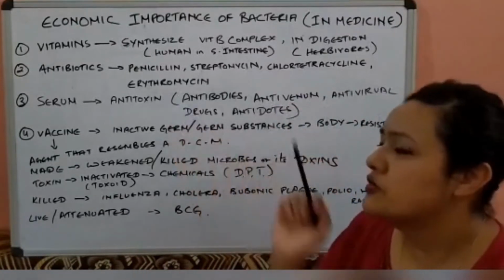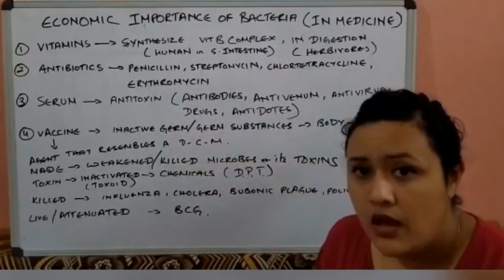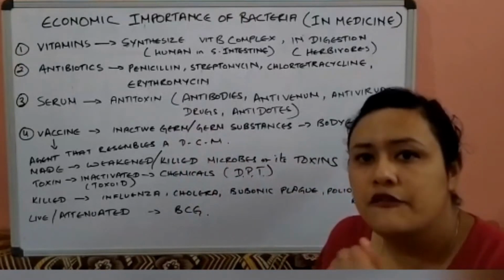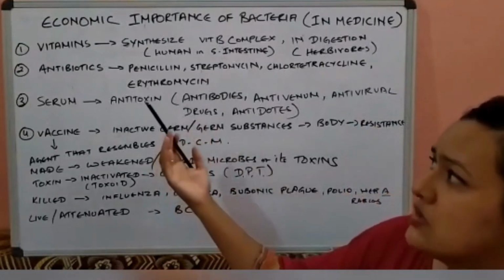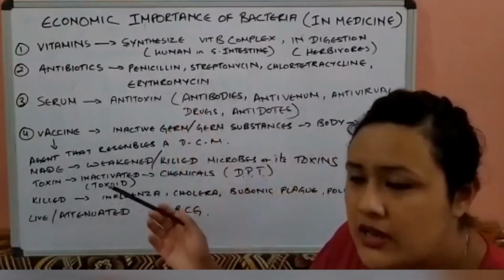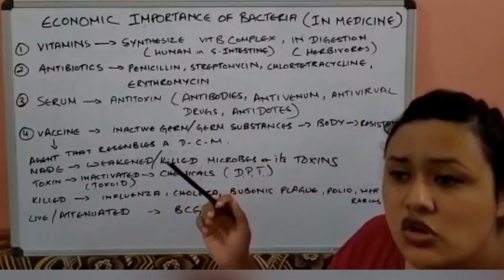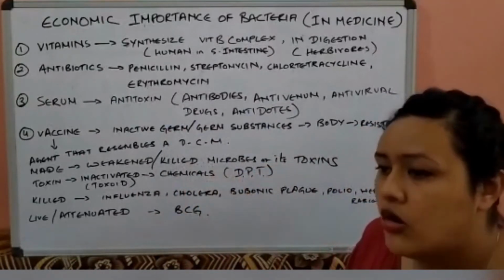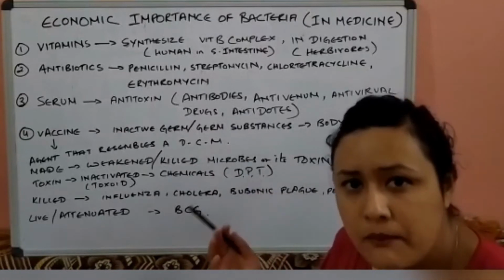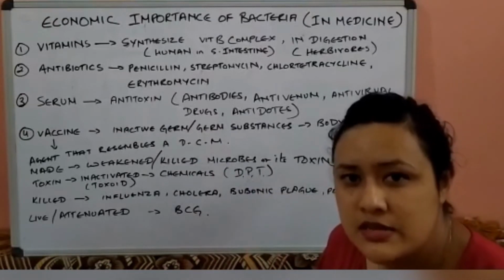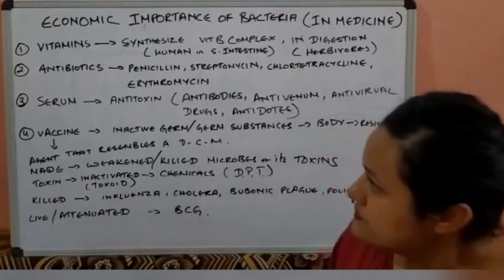And erythromycin is used for treating rickettsial fever. So these are the different antibiotics that we get. They are produced from living organisms, and their function is to kill or slow down the disease-causing microorganisms, or the germs, that have entered into our body.